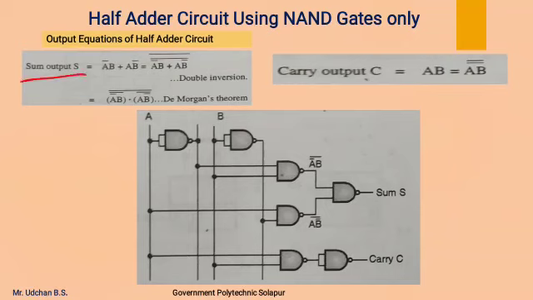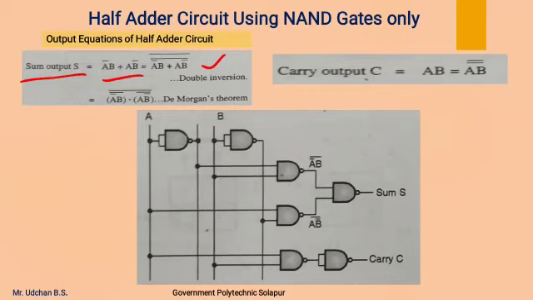So we know the equation of sum, that is A bar B plus A B bar. To draw the logic diagram of the equation using NAND gates, we take the double complement of the given equation. We already studied this when we used NAND and NOR gates as universal gates.